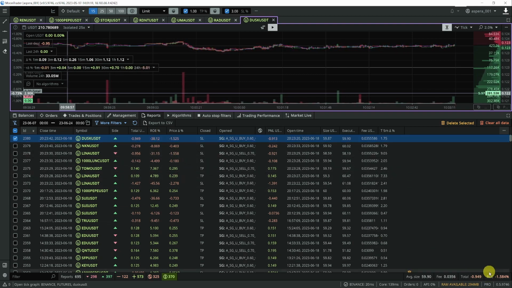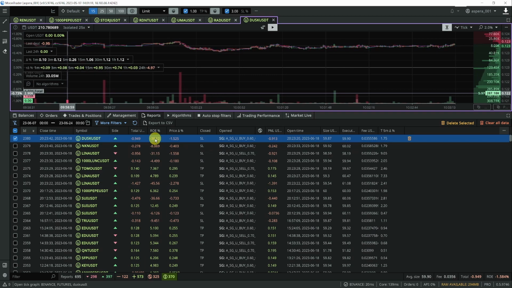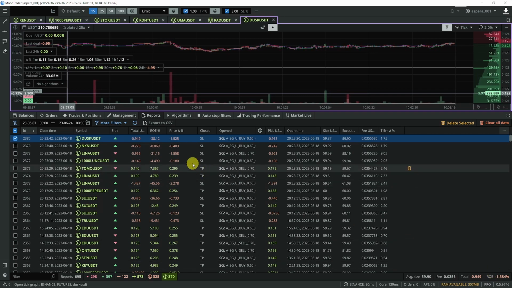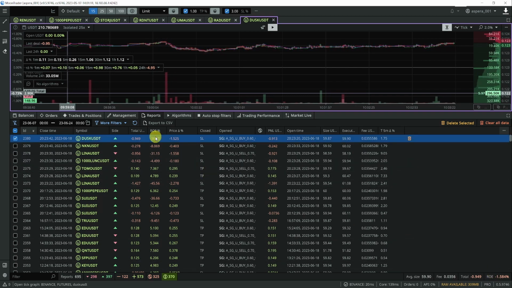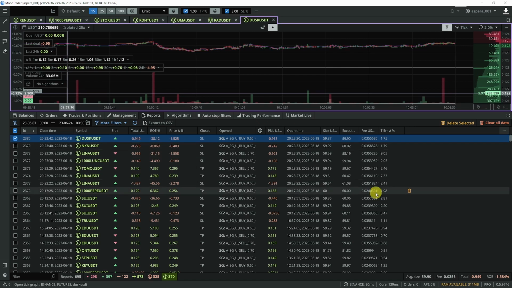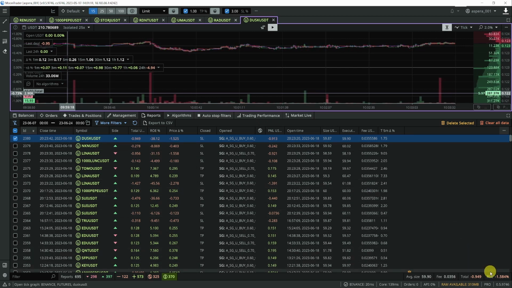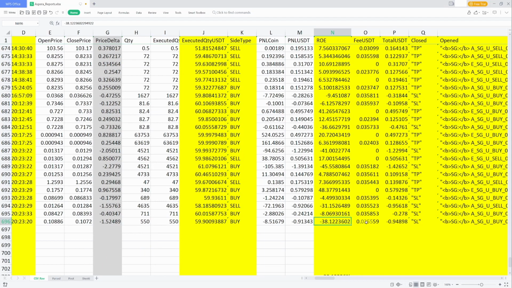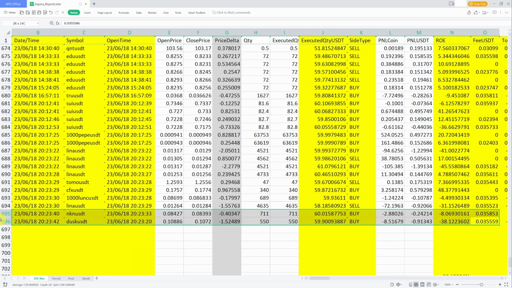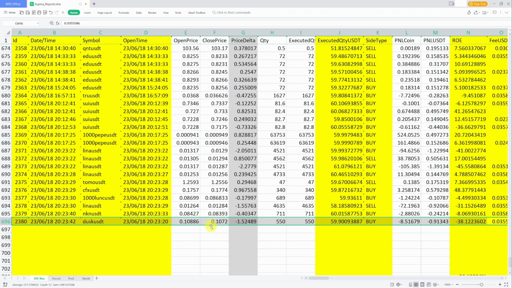This is ROE, but the numbers are completely different. And before, when analyzing the reports, I was looking at this number right here at the bottom right. But where does this come from? And also, this number on the bottom right does not have any place here in the CSV reports. It's nowhere to be found.